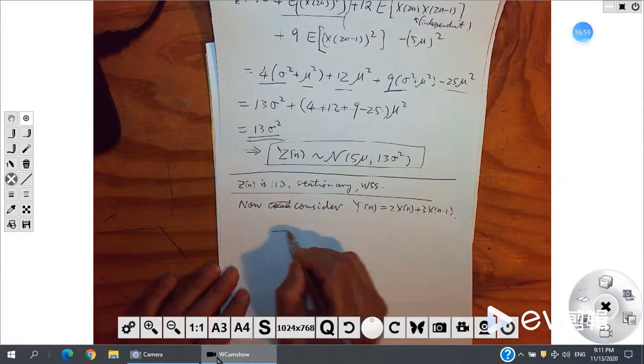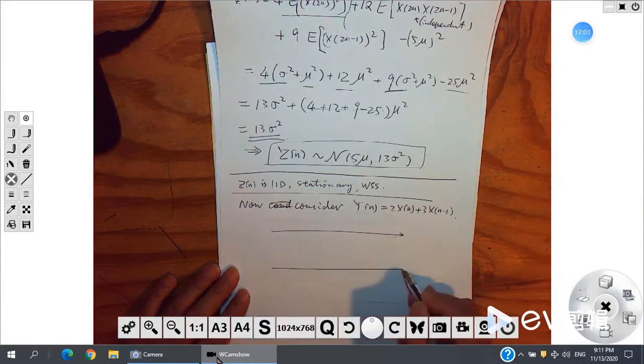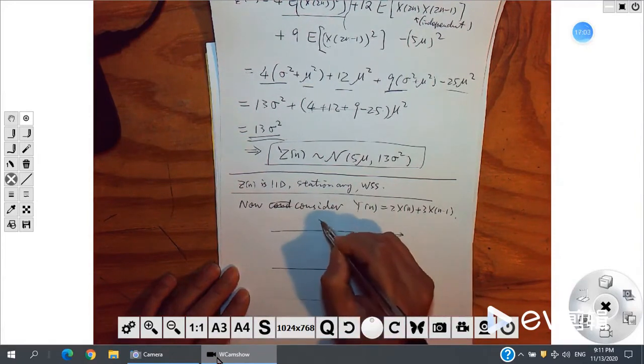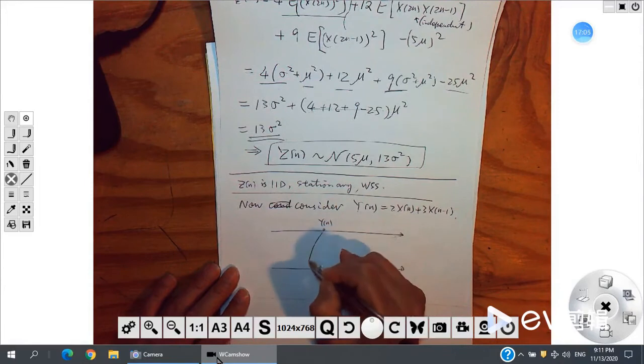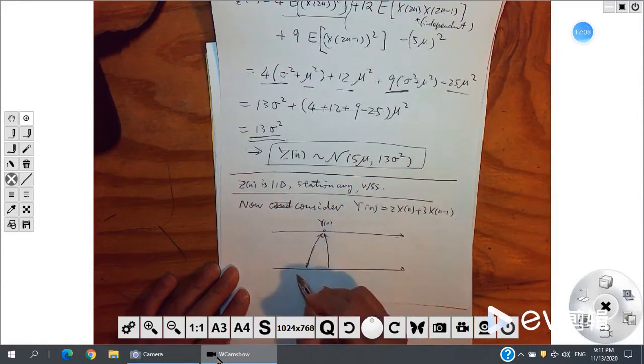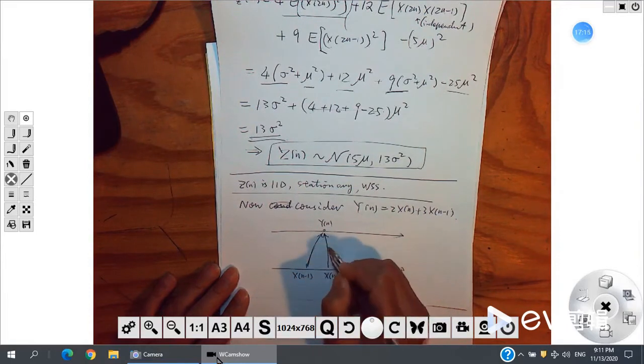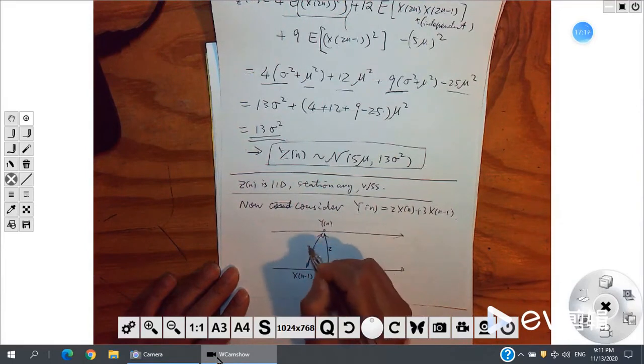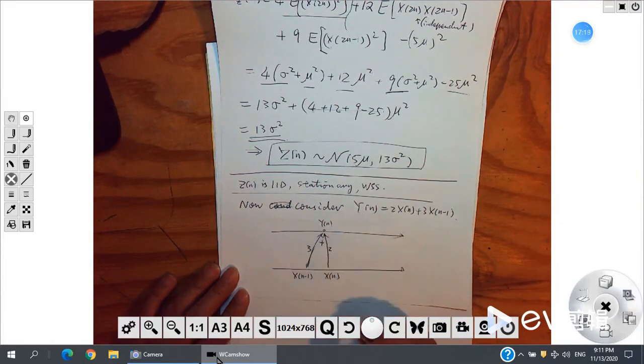You can use a graph to see the relation. This is Y of n. It will be a combination of two terms. This is X of n, this is X of n minus 1, times 2 on this and times 3 on this. Do the summation, and we get Y of n.